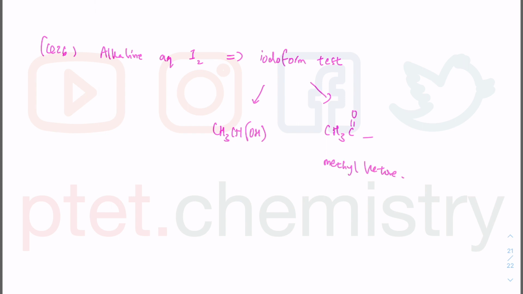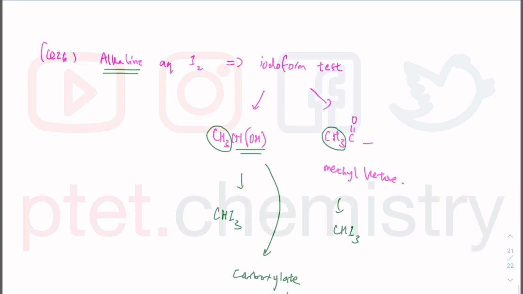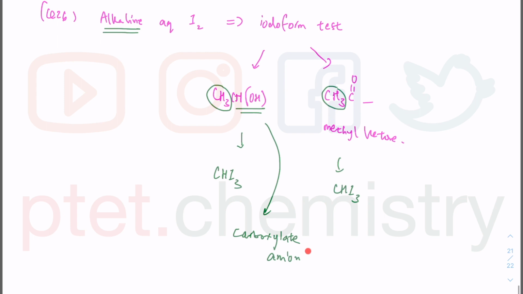And in both of these cases, you will just kick out one of the CH3, and you also kick out one of the CH3, then you will get CHI3, and this particular thing will become carboxylate. They are carboxylate anions because you are in an alkaline condition, so you will not get carboxylic acid unless you protonate it at the very end.